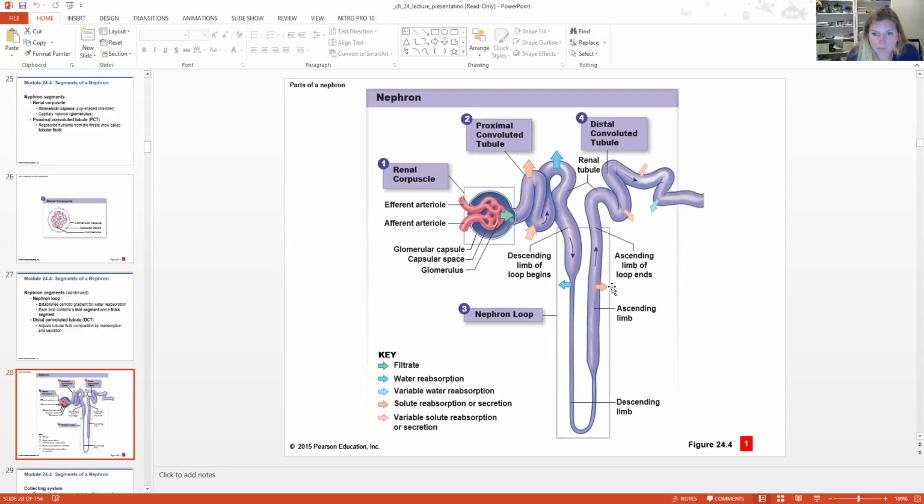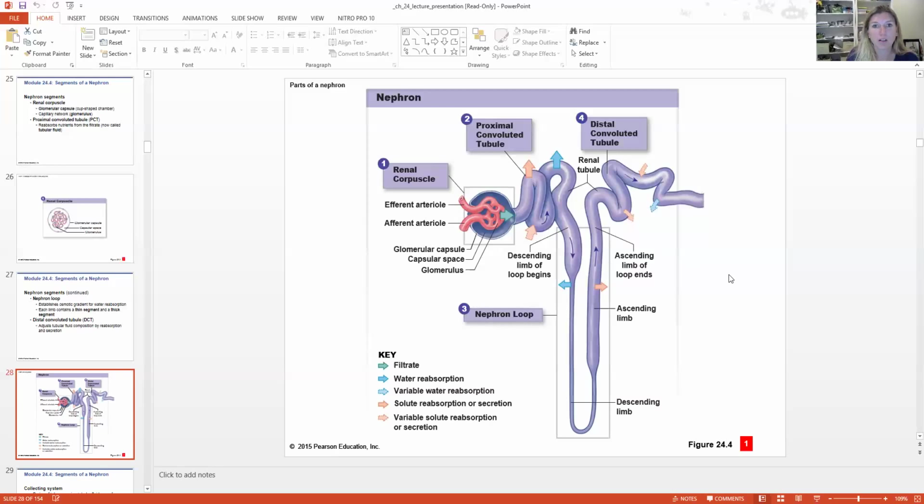Now, what you don't see in this picture, and you might be saying, okay, well, it's being reabsorbed, but where does it go? You don't see the capillary network that's surrounding this structure. So we see, yes, here is a capillary, this is the glomerulus, but when we're reabsorbing water and solutes from the PCT and the nephron loop, and eventually in the DCT, where is it going?